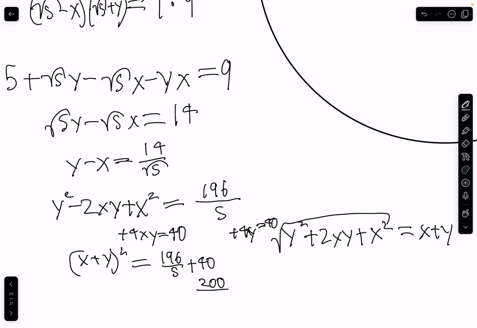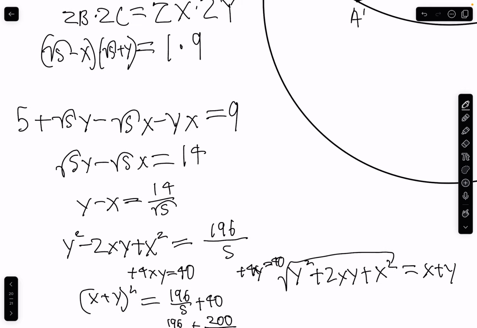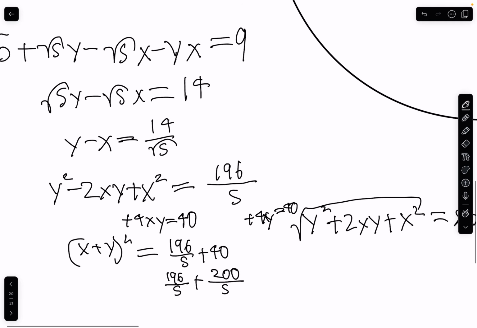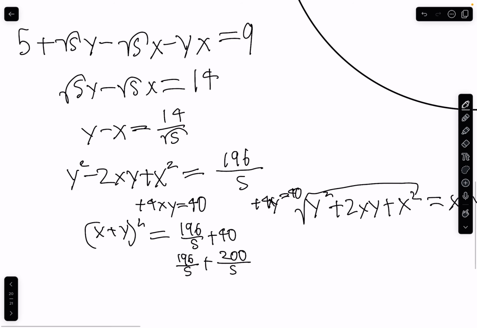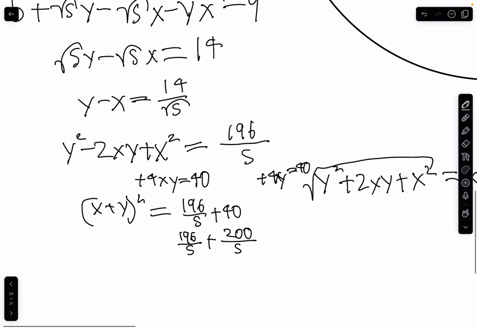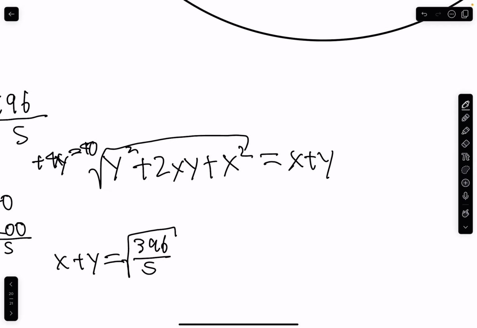We have 200 over 5 here plus 196 over 5. Let me make sure I didn't miss anything here. So that's 4, that's 10. Yep, that looks correct. So now we have 396 over 5 is equal to x plus y squared. So x plus y equals the square root of 396 over 5.